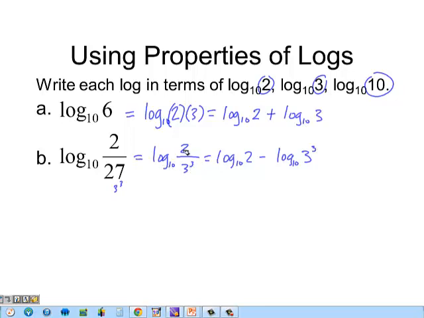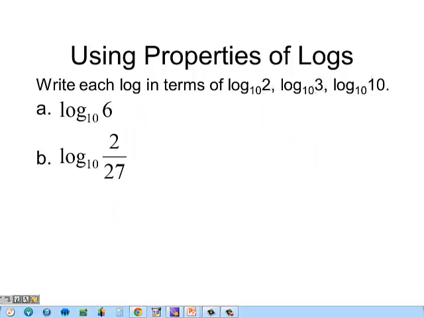That's the quotient, right? The product and the quotient. And on this one, we can actually move that 3 here to the front, like that, and put that back in there. So that should really look like that. You good with that? Okay, good.